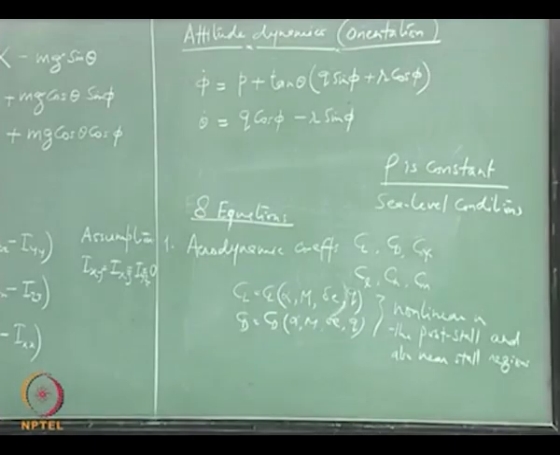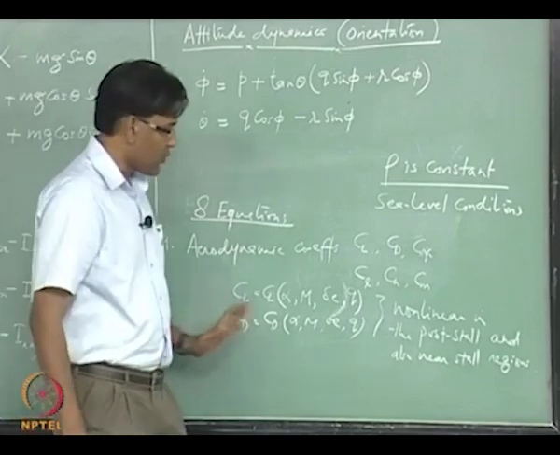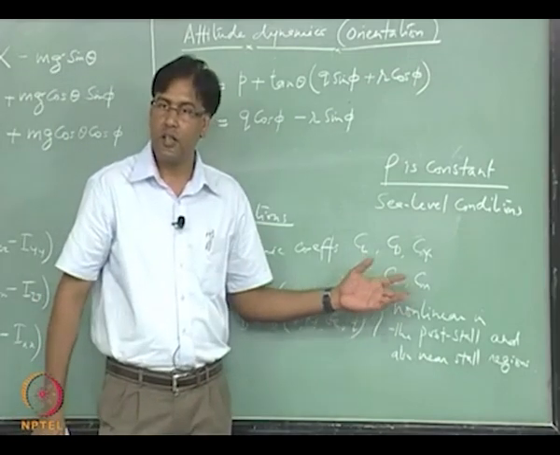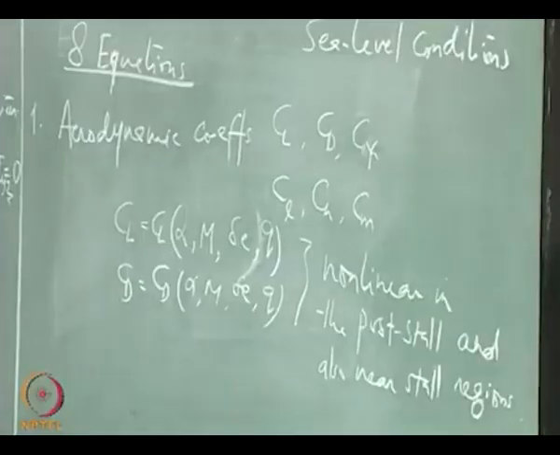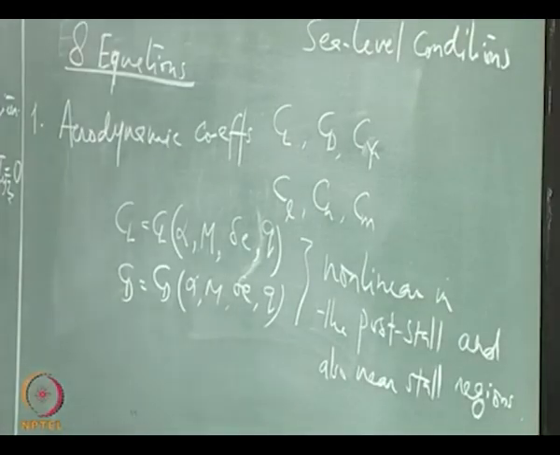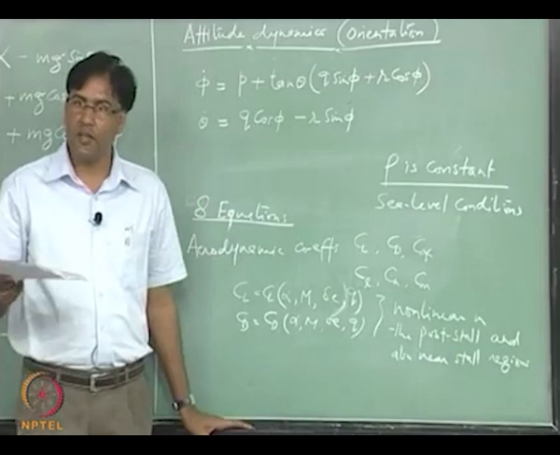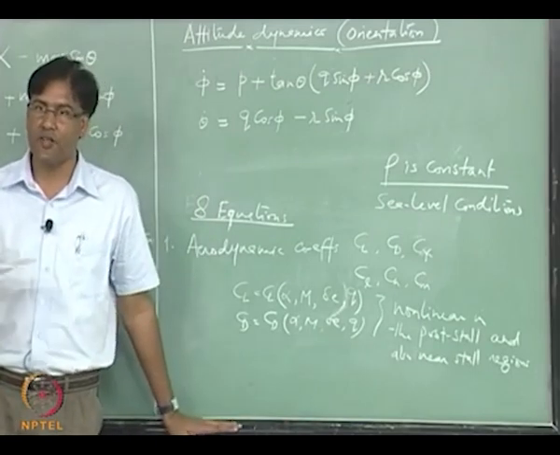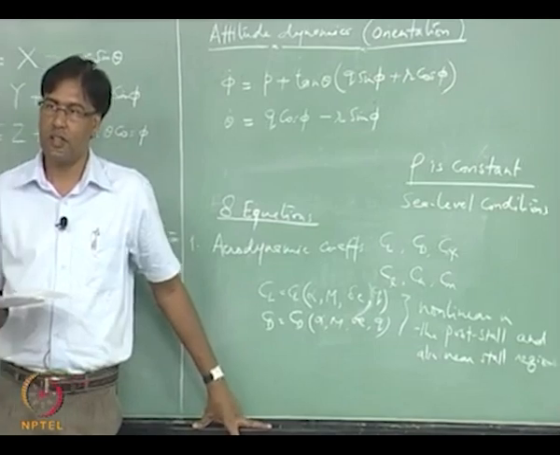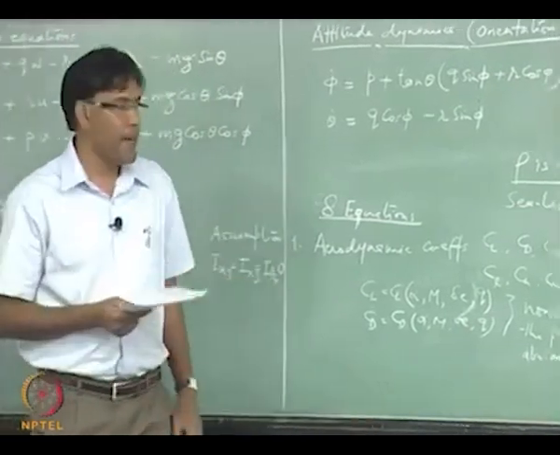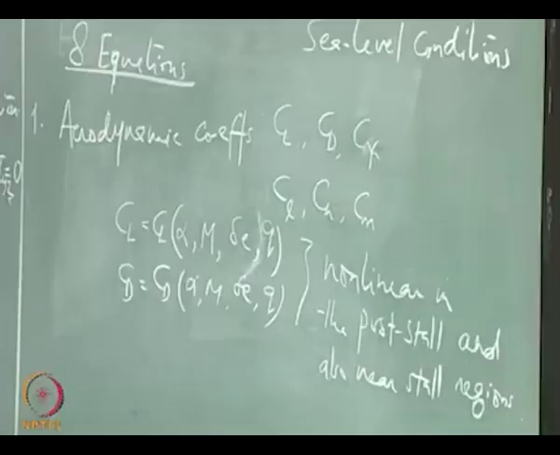So, if you want to fly your aircraft in the post stall regime, or alpha higher than the alpha stall, then you are going to see nonlinear behavior of the aircraft, isn't it. So, that is one thing.